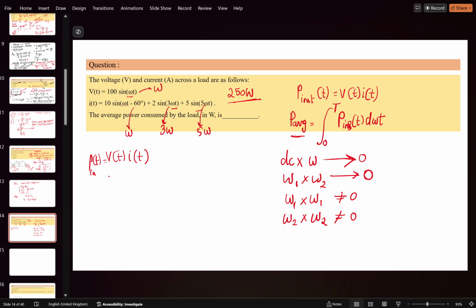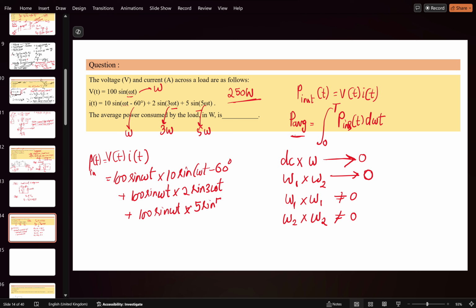Then instantaneous power will become 100 sin omega t multiplied by 10 sin(omega t minus 60 degrees), plus 100 sin omega t multiplied by 2 sin 3 omega t, plus 100 sin omega t multiplied by 5 sin 5 omega t.